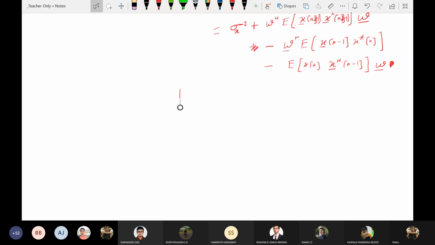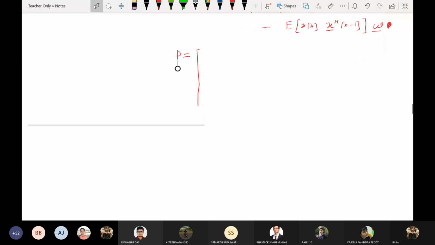So let us define another vector to make our lives harder. I define this vector P as R1 conjugate to R, no, P is something else, so let's call this Q. I define this vector as R1 conjugate to RP conjugate. Fine?